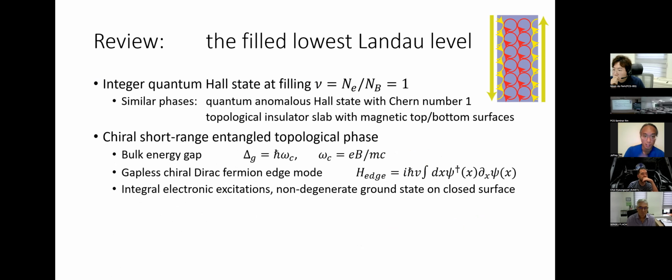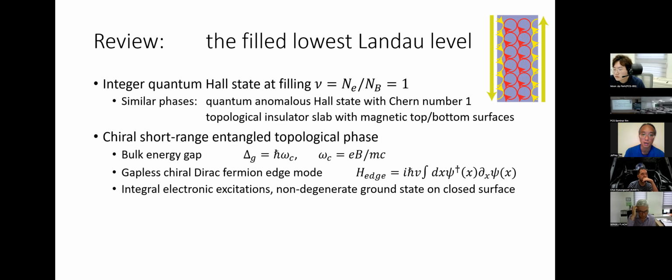So the key feature of the filled lowest Landau level or Chern insulator is that it's a chiral short-range entangled topological phase. So it satisfies all the criteria that I listed previously. It has a bulk energy gap. In this case, for the Landau level, the energy gap is given by the cyclotron frequency. And there is a gapless chiral fermion edge mode.